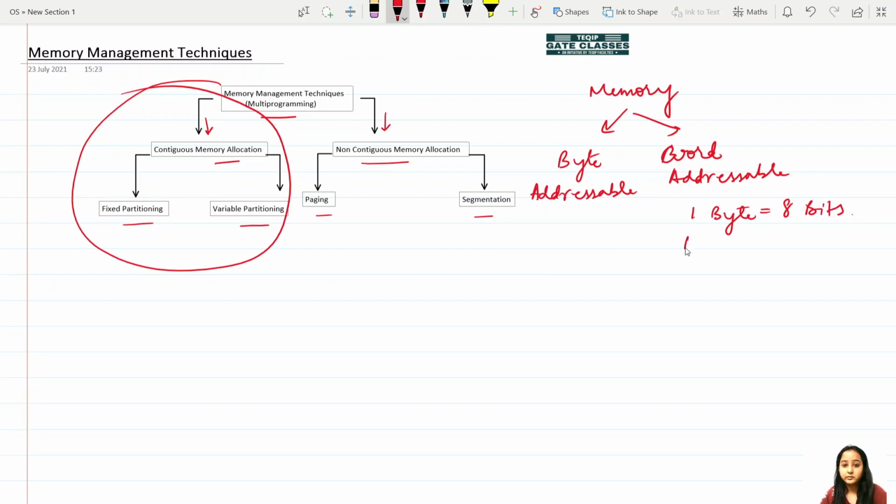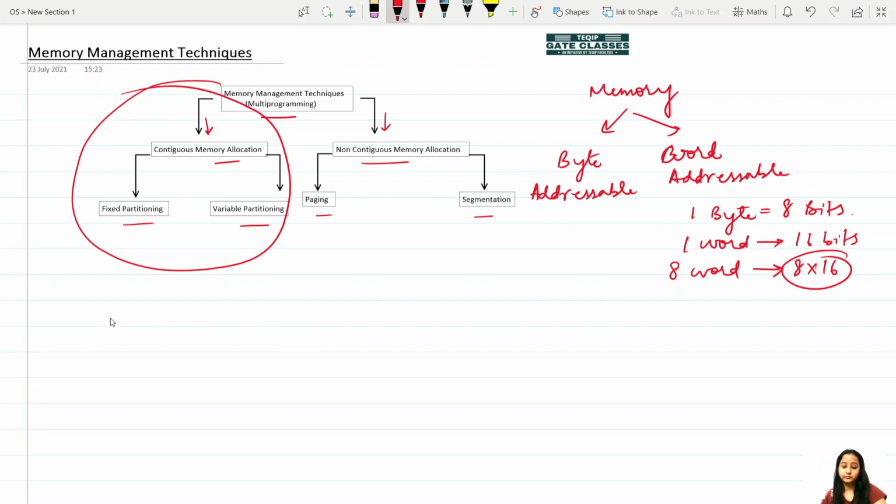And one word, suppose one word is 16 bits. If I have to calculate the total capacity of the memory, if I am having 8 words, then how will it be counted? 8 into 16. So this is the total size of the memory, or you can say that it is the total memory capacity.